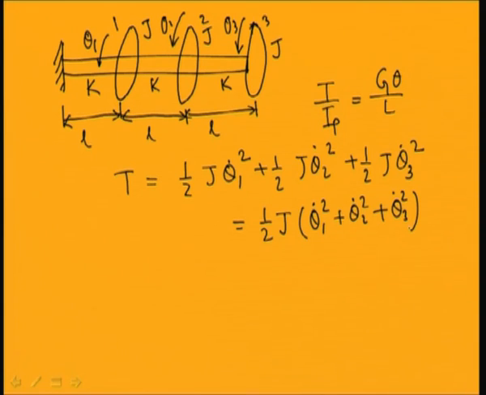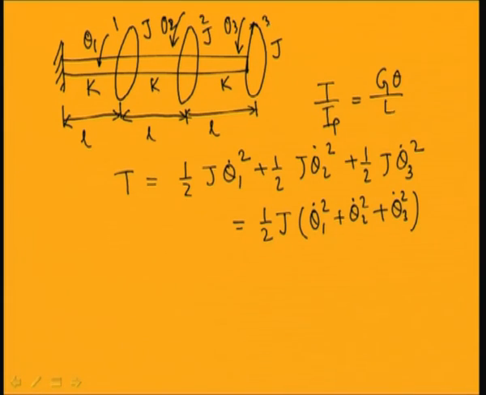For the potential energy of the system, we should know the rotation of each segment. In segment 1, it is rotating with theta 1. In segment 2 the shaft will be rotated on the left side by theta 1 and on the right side by theta 2. Similarly, in the next segment the left side is rotated by theta 2 and the right side by theta 3.